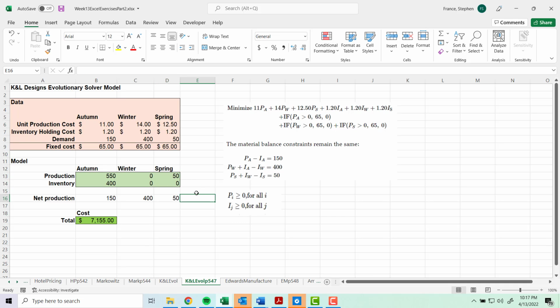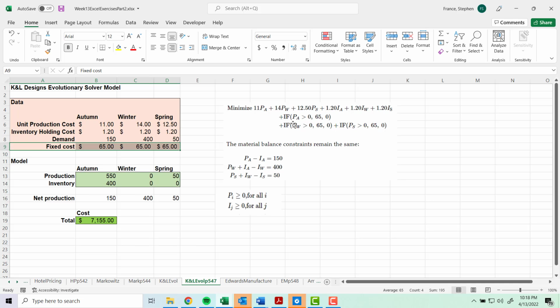Now, very simple kind of linear programming. But let's just say we also have these fixed costs. And if we produce in any one of these periods, then we incur a fixed charge of $65. Now, the whole idea of what we're doing here, we're going to use the evolutionary solver because the standard linear program and nonlinear program is not really easily tractable when we have these more complex objective functions, things where we have absolute values or maximum values.